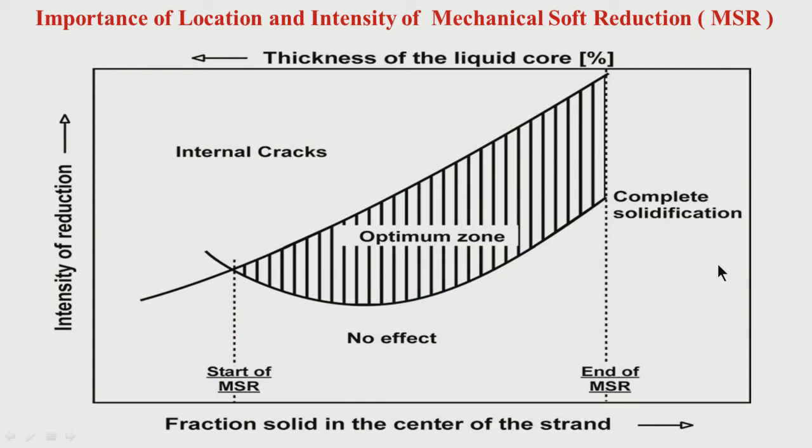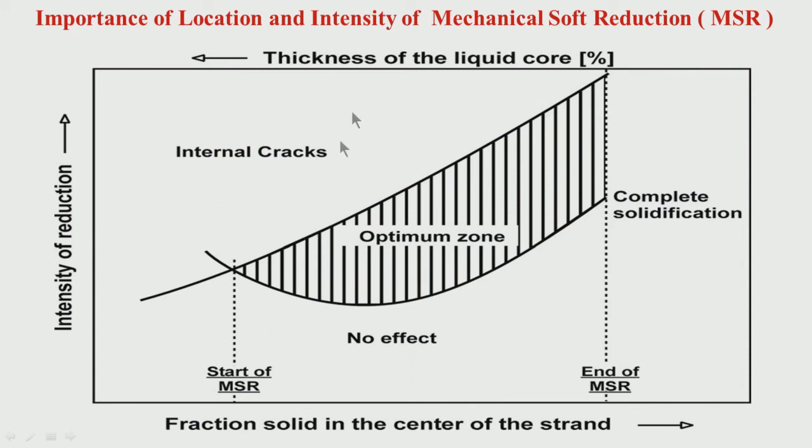Number two, how much soft reduction you will give, what is the intensity of reduction, that is also important. If you give less reduction, there might not be any effect, so it is of no consequence. If you use too much pressure, there might be formation of internal cracks.